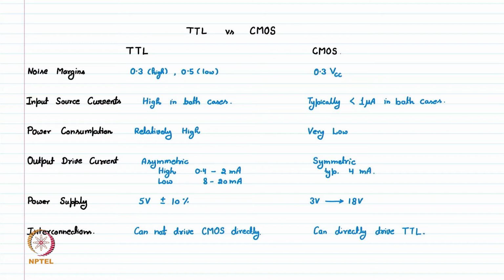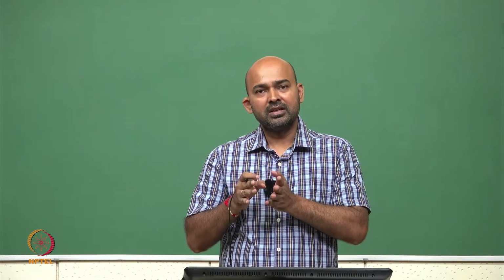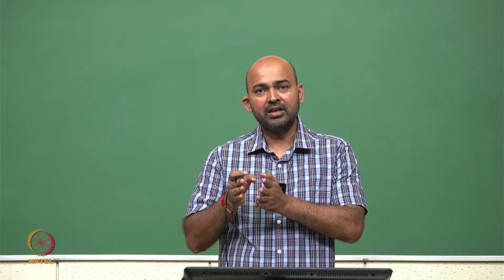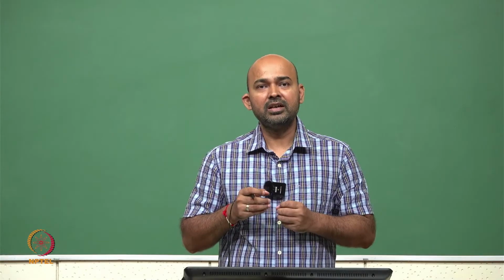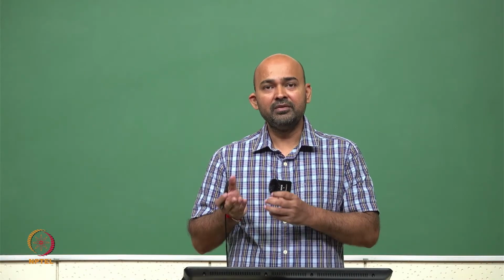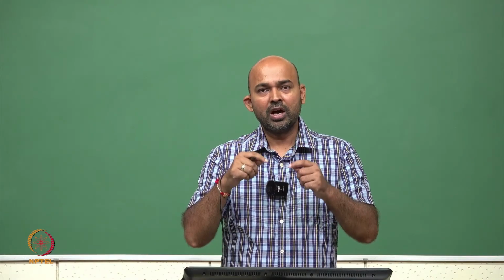That comes because in CMOS, the signal is generally applied to the gate of the MOSFET, and the gate has a gate oxide, which is a capacitor that does not draw a static current. So the input current of this CMOS gate is very less. However, in TTL we have seen we have put two diodes.